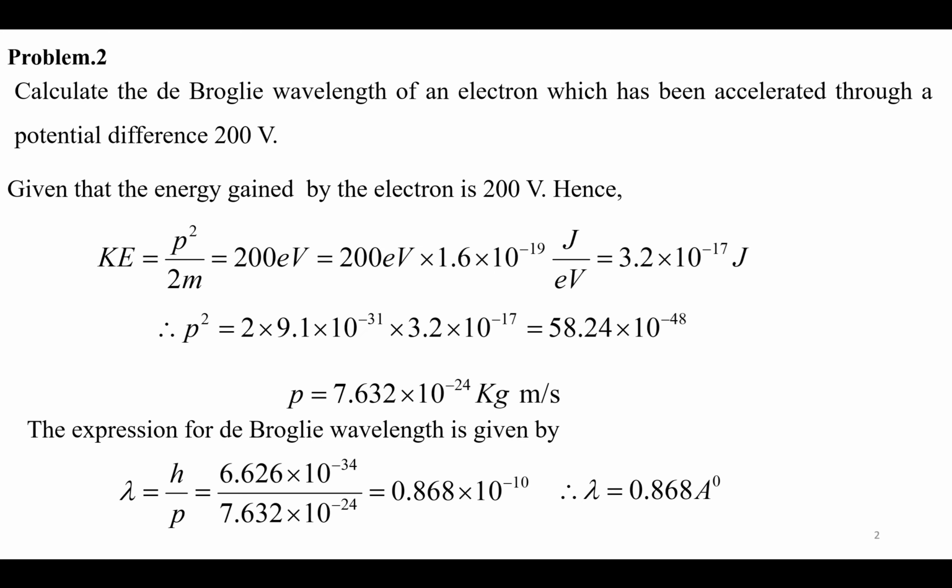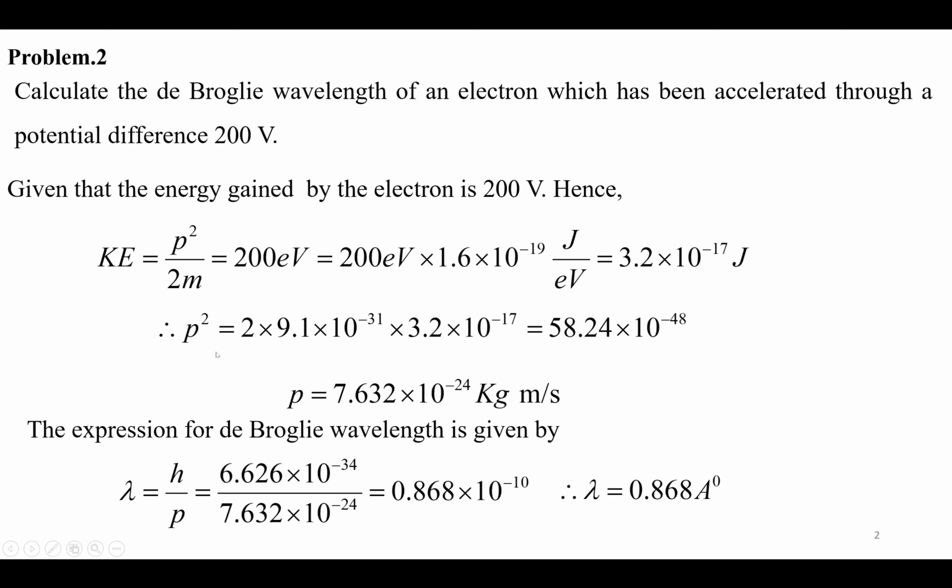Classically, kinetic energy equals P squared by 2m, which is given as 200 electron volt. Converting into joules with 1.6 into 10 power minus 19, we get kinetic energy as 3.2 into 10 power minus 17 joules.